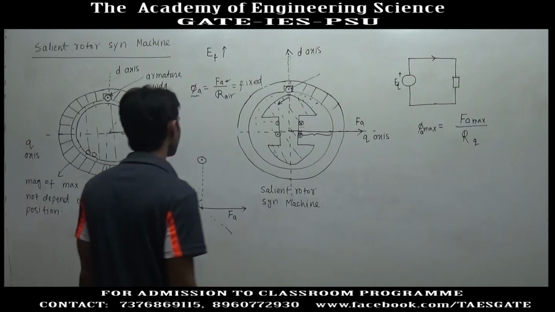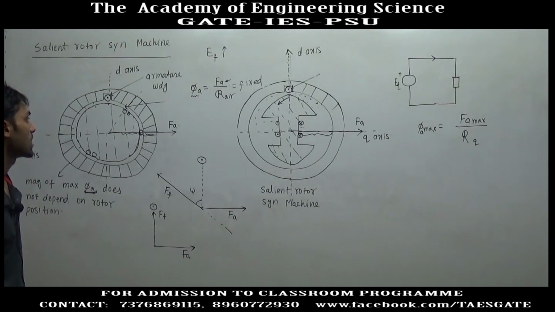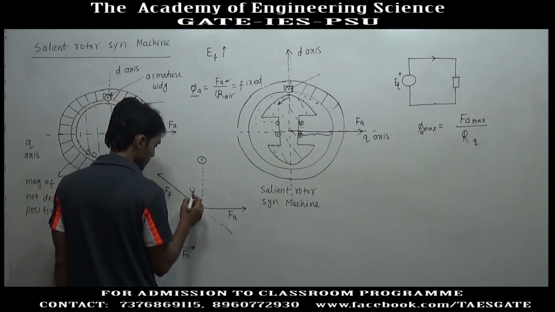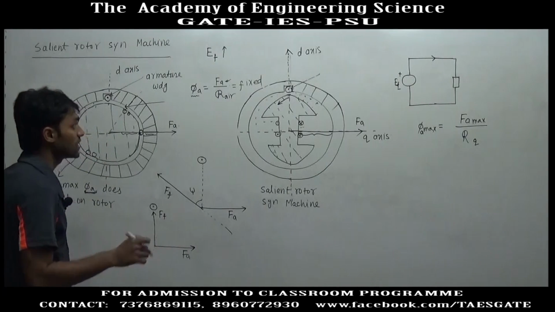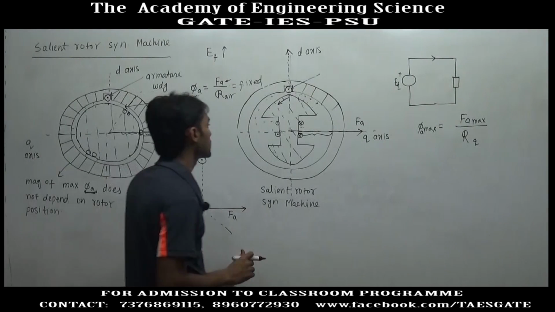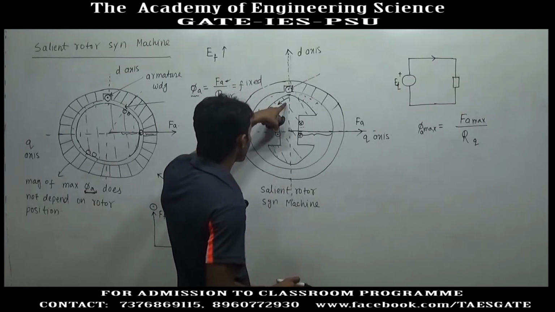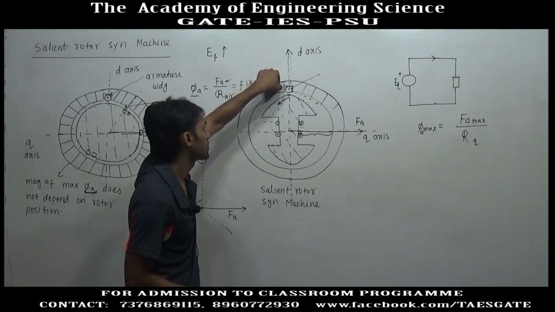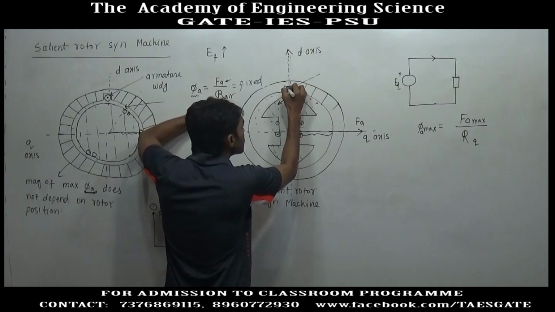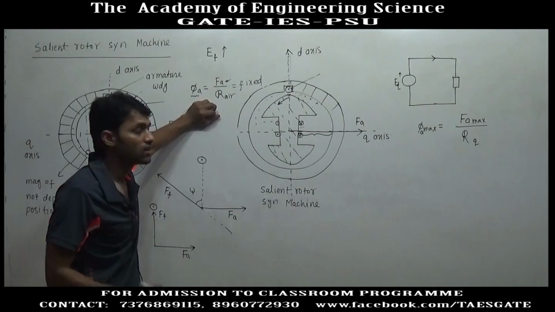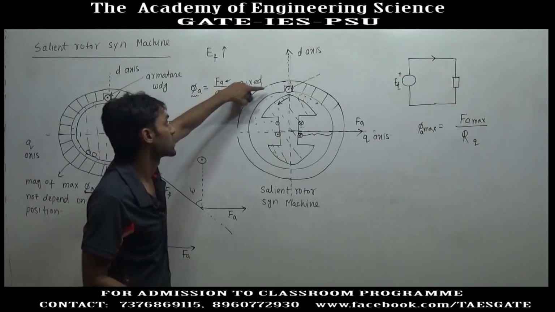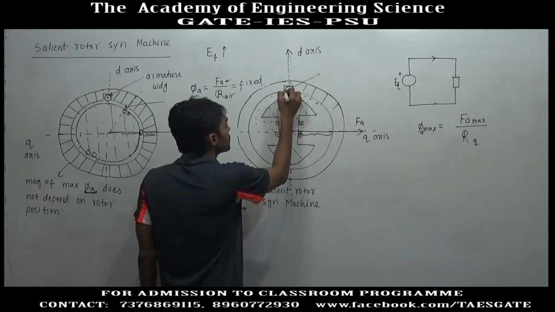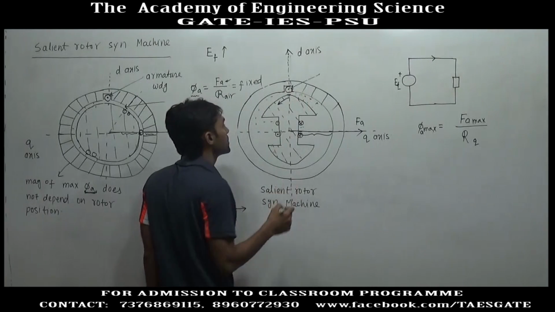Now, if we analyze the case of a purely lagging load, what will happen? If the rotor is in this position, maximum voltage will be induced in this winding, but the maximum current will be induced 90° after the maximum voltage has been induced.